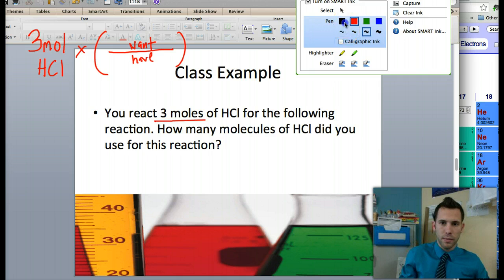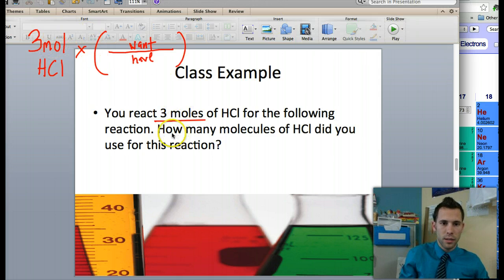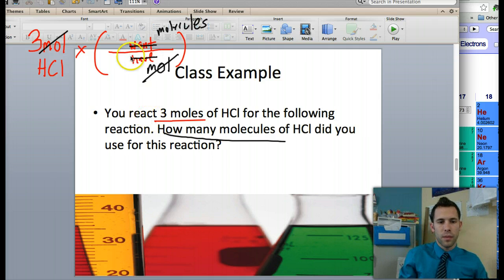And in this case, we want molecules, and we have moles, which both are going to end up canceling out. So for every 1 mole, how many molecules or particles do I have? The answer is 6.02 times 10 to the 23rd.